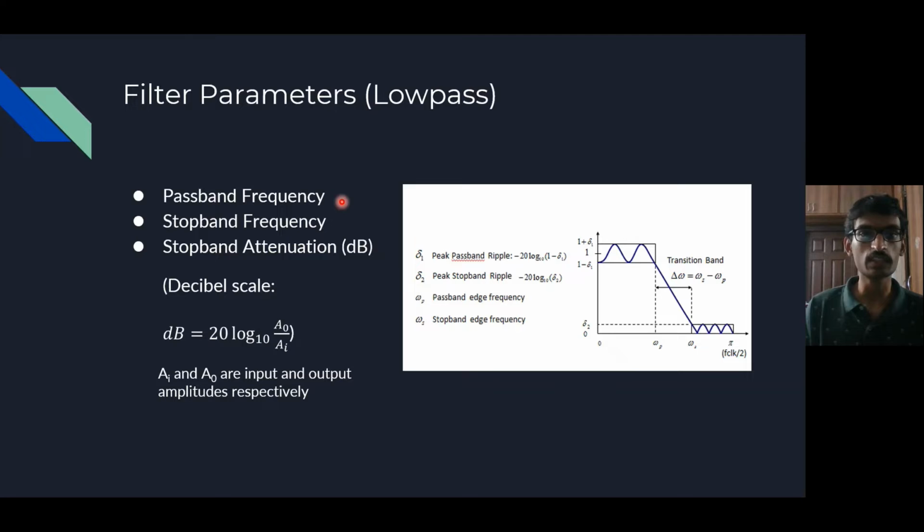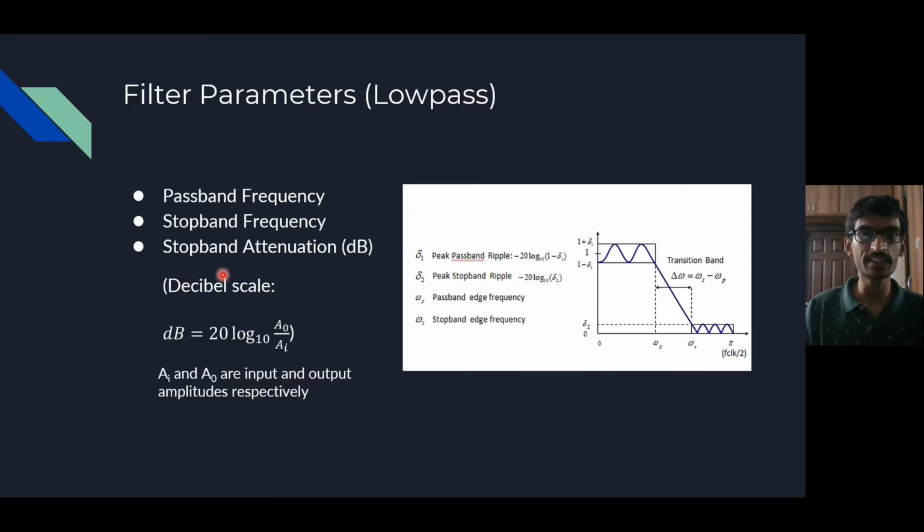Passband frequency in the case of a low pass filter, denoted by omega p in the diagram here, is the frequency below which all the frequencies ideally will pass through the filter. And the stop band frequency, on the other hand, for a low pass filter, denoted by omega s in the diagram, is the frequency above which all frequencies are attenuated, that is, in an ideal filter.